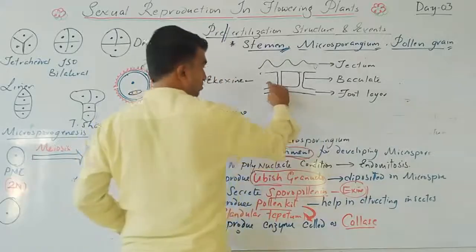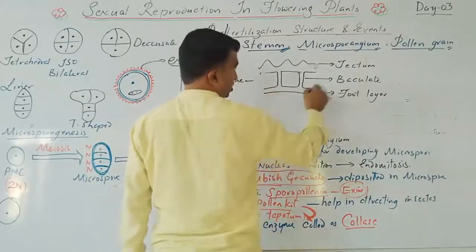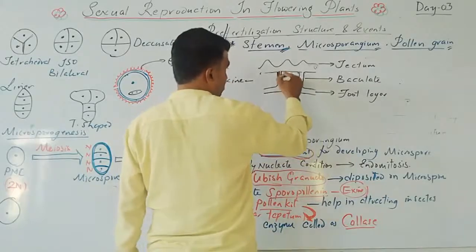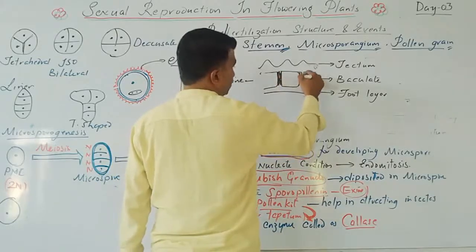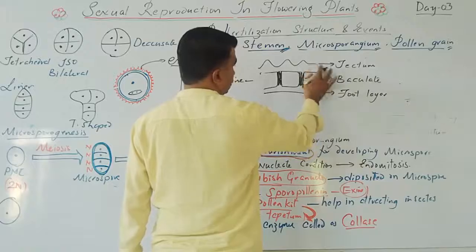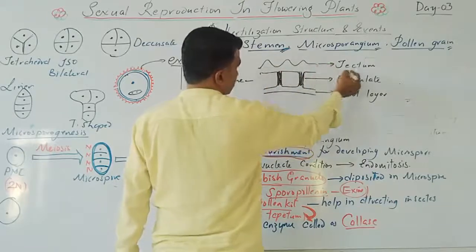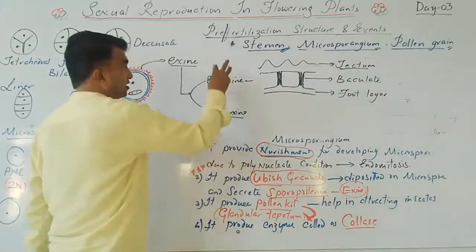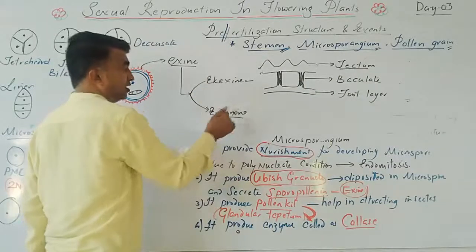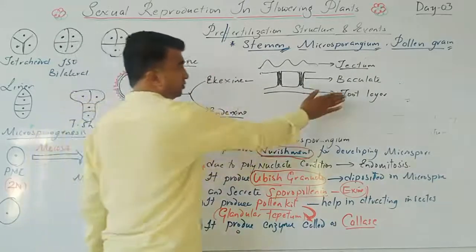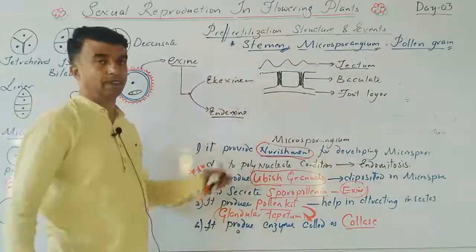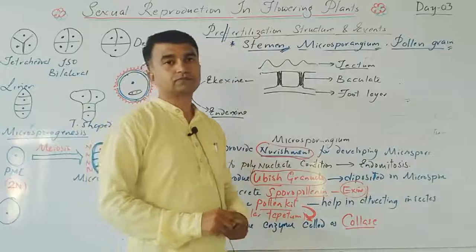The foot layer is basal and continuous. Baculate is discontinuous, made up of pillar-like structures, means in between them space is present. And the tectum is also continuous. So the tectum pattern is the main layer. So the exine has two layers, endexine and ectexine; foot layer, baculate and tectum come under the ectexine. So this is about the main one.